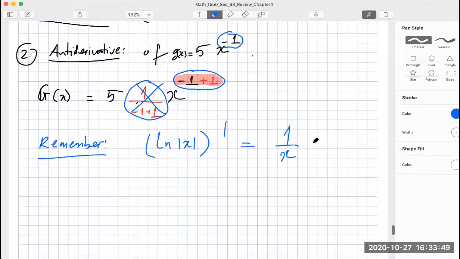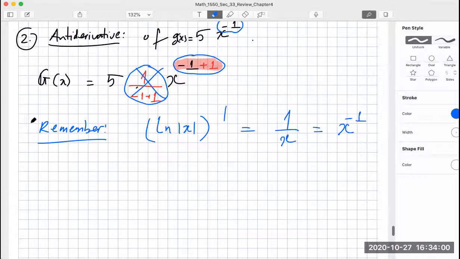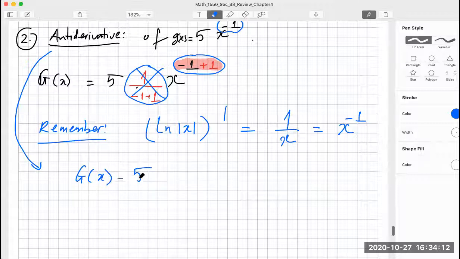And 1 over x is x to the -1, the same thing. Therefore, the antiderivative of this guy should be 5 multiplied by natural log of x here.